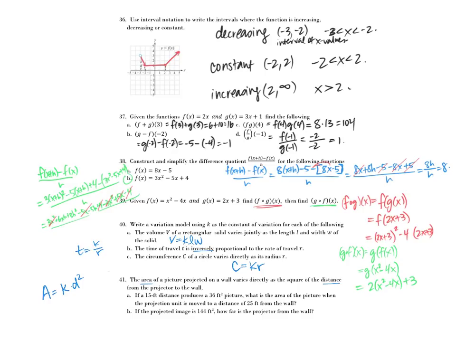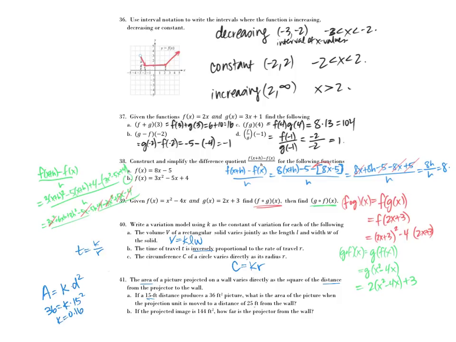If a 15-foot distance produces a 36 square foot picture, what is the area of the picture when the projection is moved 25 feet? Okay, so we will say 15 feet is the distance. We're going to plug that in. So 36 equals k times 15 squared. And then 36 divided by 15 squared is 0.16.